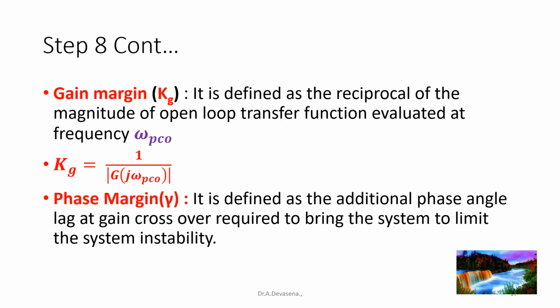Then phase margin nu. It is defined as the additional phase angle lag at gain crossover required to bring the system to the limit of system instability. It is represented as nu is equal to 180 degrees plus phi GCO.